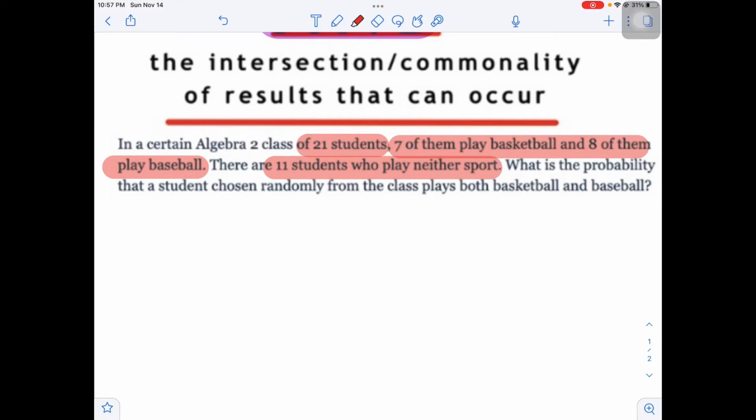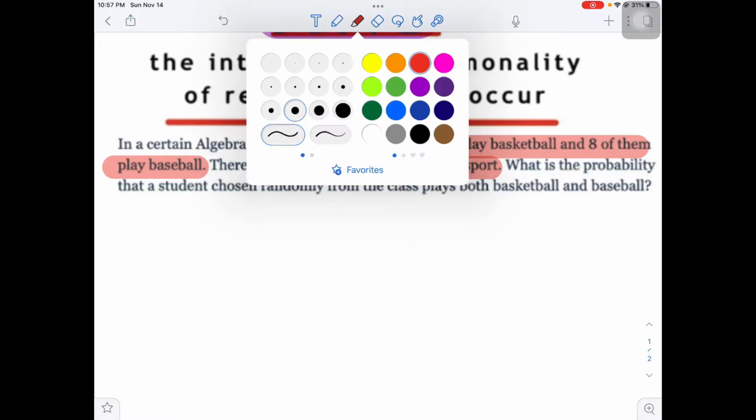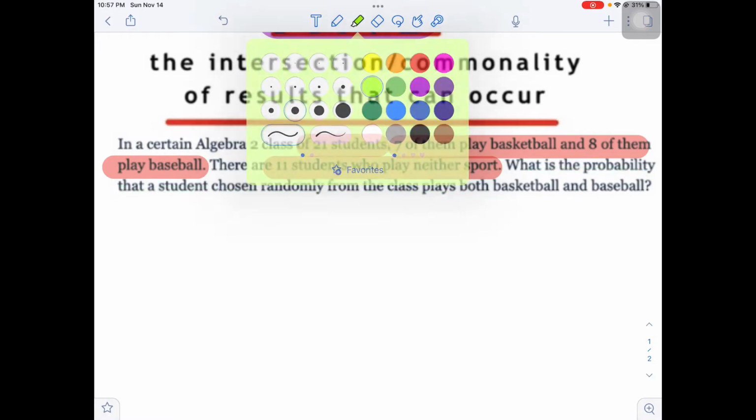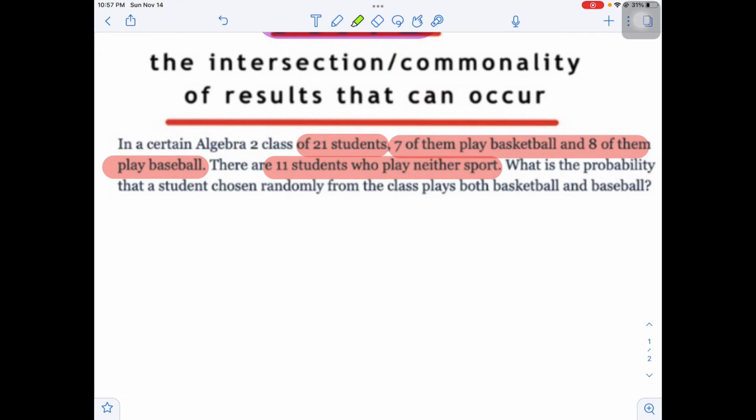What is the probability that a student chosen randomly from the class plays both? And this is the important part. This is what we're going to be looking for here. What are the chances the student chosen randomly from the class plays both basketball and baseball?